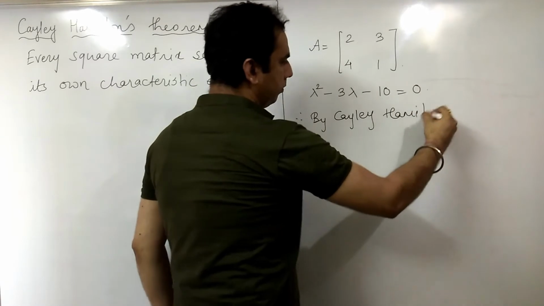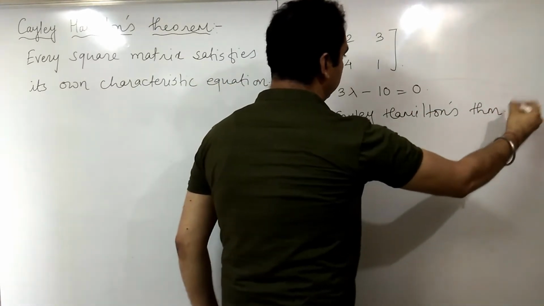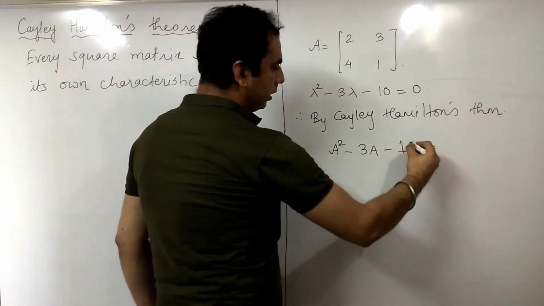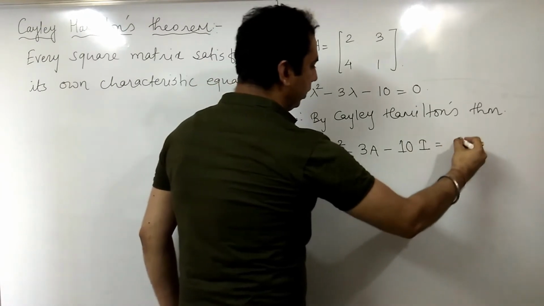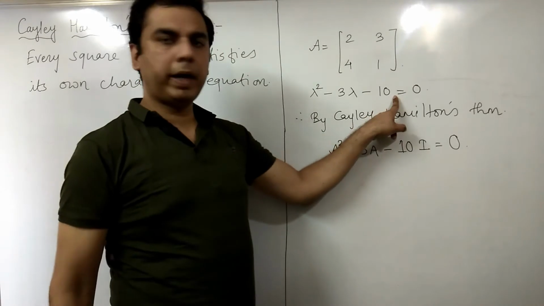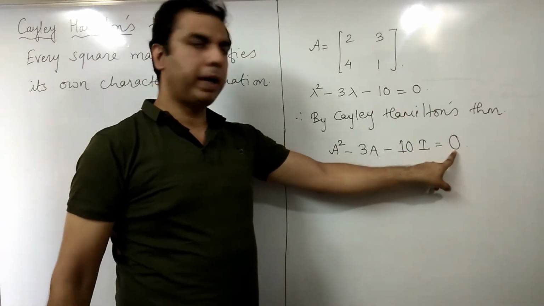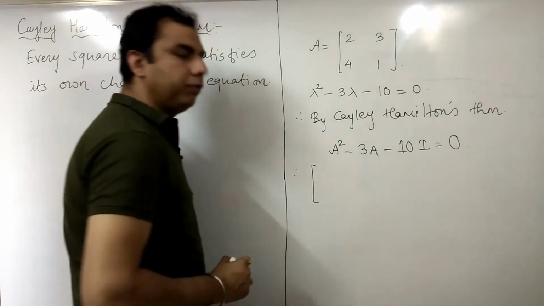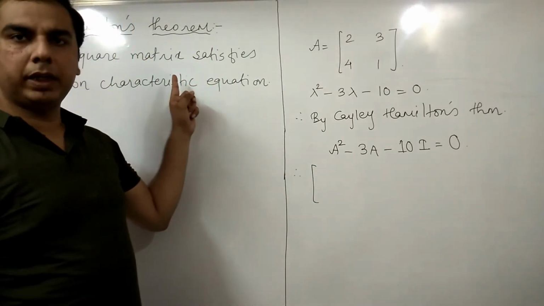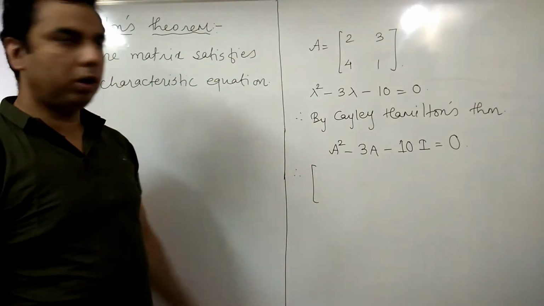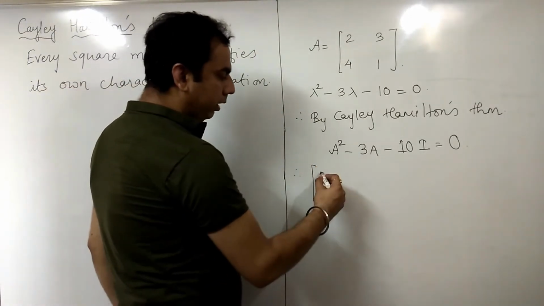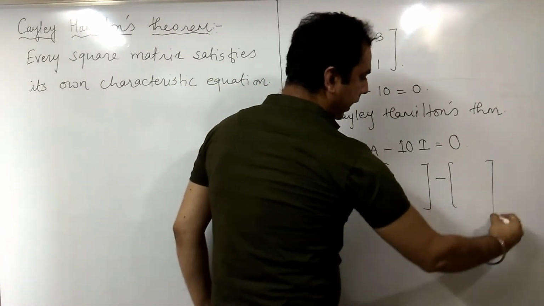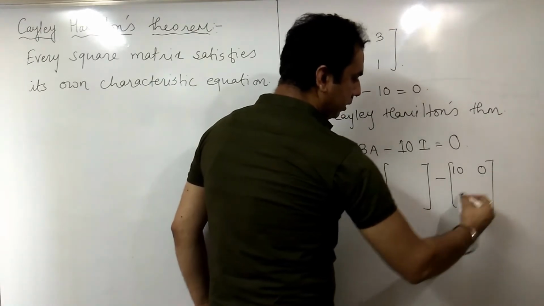Therefore, by Cayley-Hamilton's theorem, we must have A square minus 3A minus 10I is equal to O. Here 1 will be replaced by the identity matrix I and 0 will be replaced by the null matrix O. So to verify that the statement of Cayley-Hamilton theorem is true for this matrix A, we must check A square minus 3 times A minus 10I. 10I is nothing but this matrix.